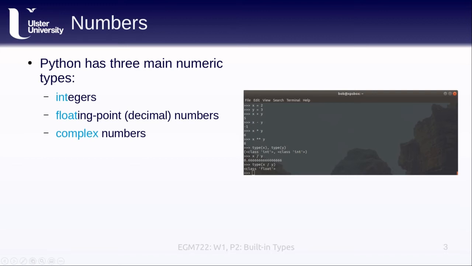These are not something that we will deal too much with in this module, but these are a type of number that has two different parts. One is called a real part, the other is called an imaginary part. The real part is a floating point number.